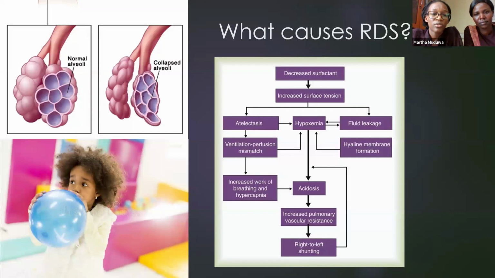So a preterm without surfactant has increased surface tension in that lung. So that means that every single time that they breathe out, the alveoli will collapse on themselves. So that's the atelectasis that we can see here on our flowchart. And when you have the collapse of the alveoli, then you'll have a ventilation perfusion mismatch.